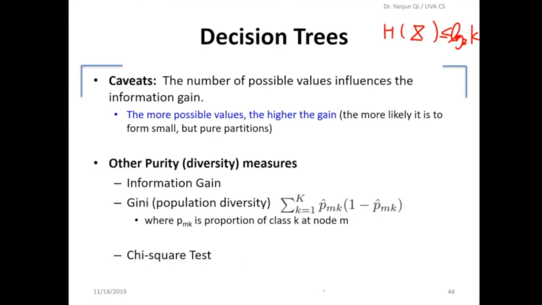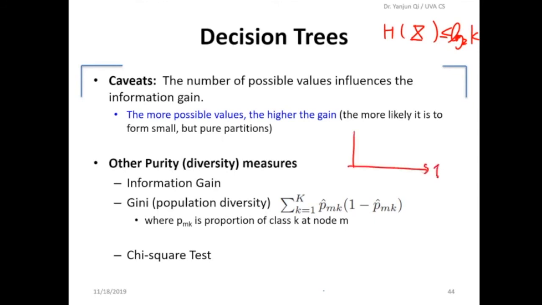And then there are other purity measures, not just the information gain. There's another very popular measure called Gini, and this has a very simple function. I hope you remember this function, p times (1 minus p). Let's just do a very simple case.